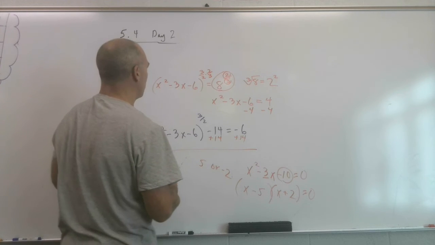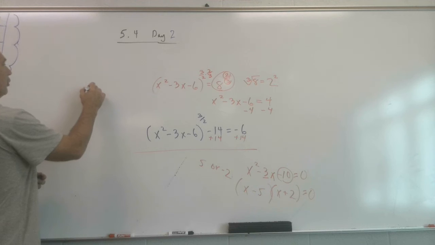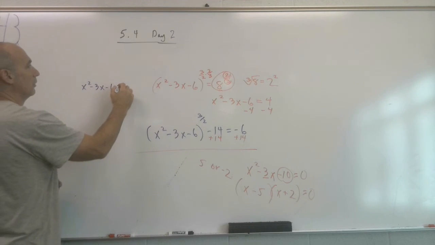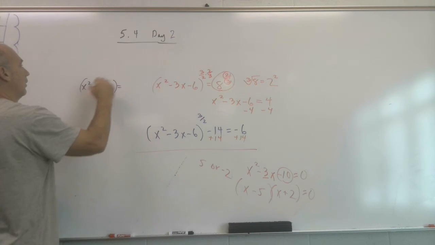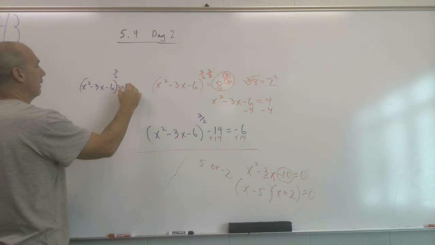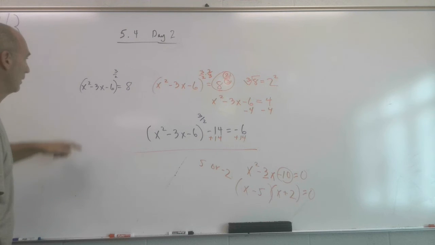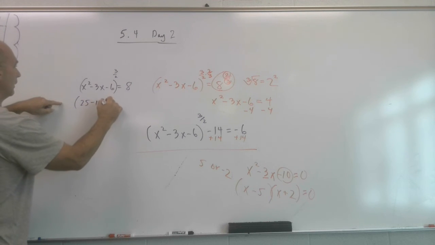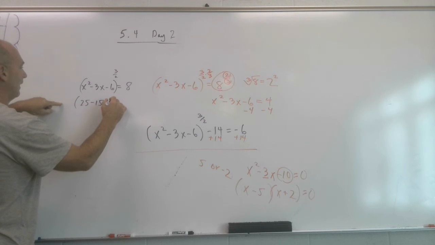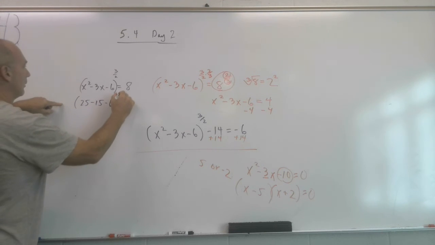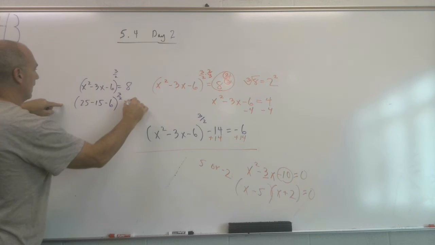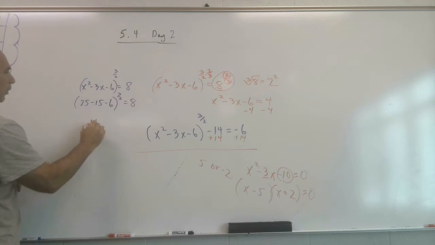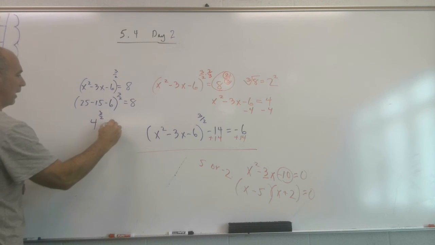So we plug it back in to the original. X squared minus 3x minus 6 to the 3/2 power equals 8. That was the original. So if I put a 5 in there, I get 25 minus 15 minus 6 to the 3/2 power equals 8. Watch this. 25 minus 21 is 4 to the 3/2 power equals 8.